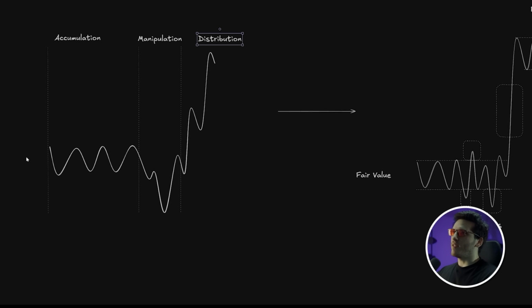At some point there will be a phase of accumulation, and price is going to be, quote unquote, manipulated to induce traders to either short or close their long position, to then see a phase of distribution where price rises after they've fueled the move with liquidity that they've grabbed below here.